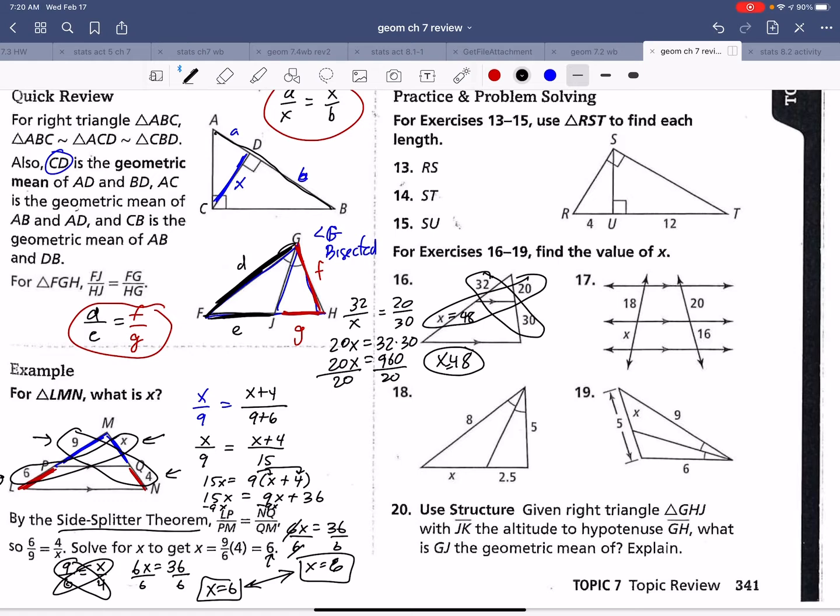We look, yep. 20 is smaller than 32. 30 is smaller than 48. Here, same thing. We can cross multiply and solve these. So 18 over X is equal to 20 over 16. When we cross multiply, 20X is equal to 18 times 16.